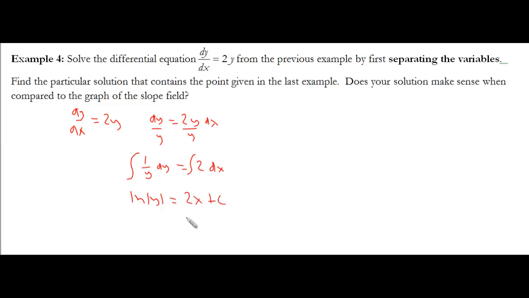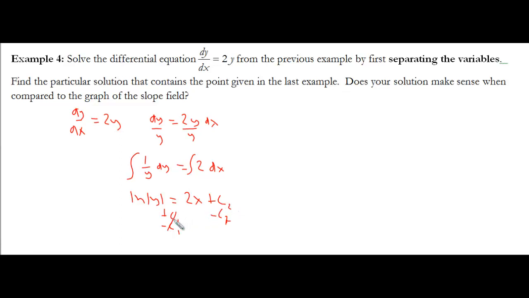Now let me mention something here. Technically, you need a plus C on this side as well. So let me make that C1 and that C2. Anytime you're integrating without a lower and upper limit, you actually need a plus C. But, and this is the only time I'm going to do this, if I subtract C1 from this side and subtract it from that side, then it cancels here and you have C2 minus C1, which is basically another constant.